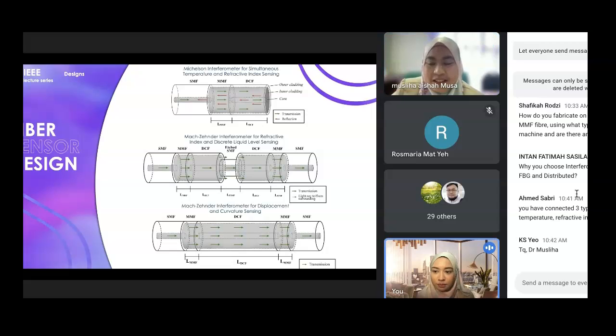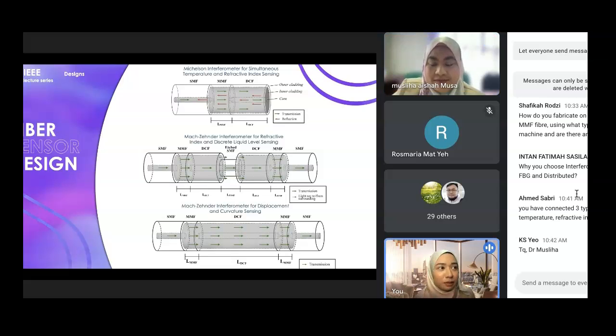Do you have a specific brand of fusion splicer that you always use to fabricate your sensors? I forget, but I think all fiber optic labs have one. Before this, I used an old splicing machine and it worked. But sometimes the splicing machine doesn't have manual modes. But you can try, trial and error.